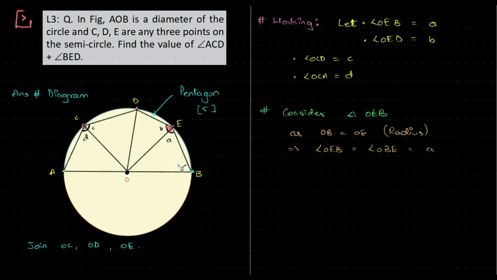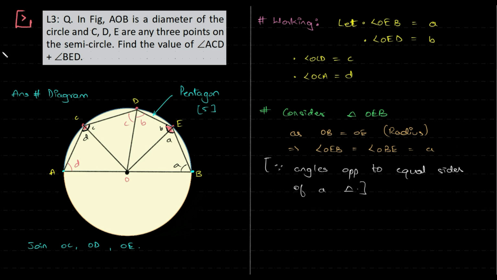Because they are angles opposite to equal sides of a triangle. Similarly, what can you tell about this particular angle? That will be B, this will be C, and this will be D.